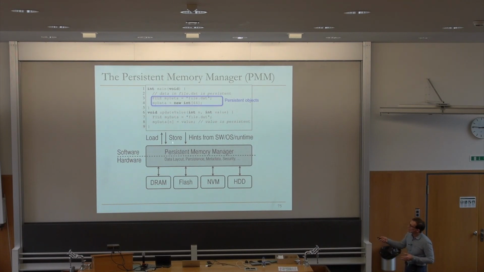Maybe your interface is load-store, but internally, to get the highest efficiency, you have these different types of devices. And maybe the job of the persistent memory manager is to manage where the data should go and how you respond to the loads and stores. And maybe you get hints from the software, operating system, and runtime to help with the data management over here. So it's a hardware-software cooperative system.